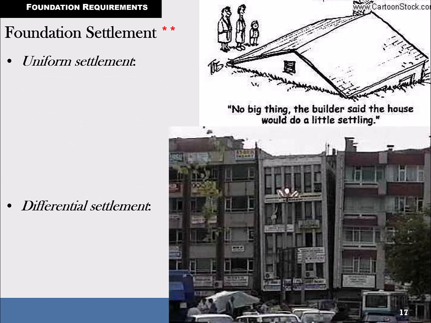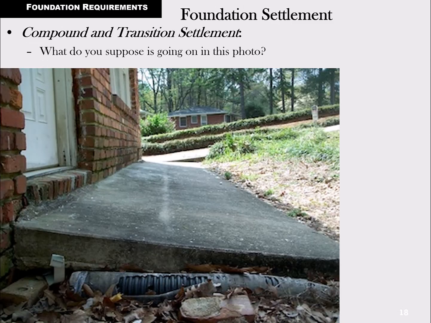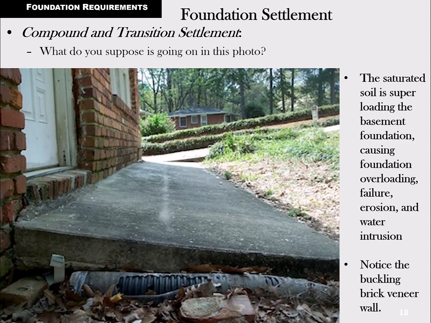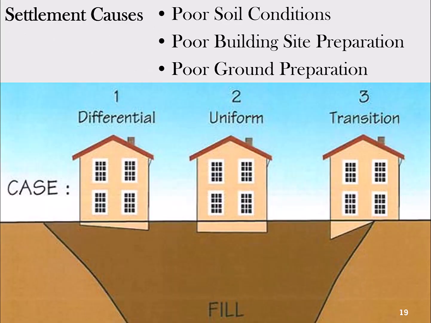There's a couple of different kinds. But in general, for instance, there's compound and transition settlement. Those are just variations, more extreme versions of differential settlement. So this picture here is showing you the transitional settlement.